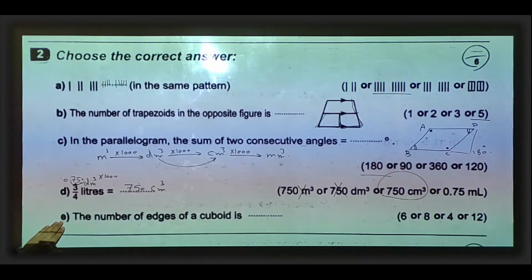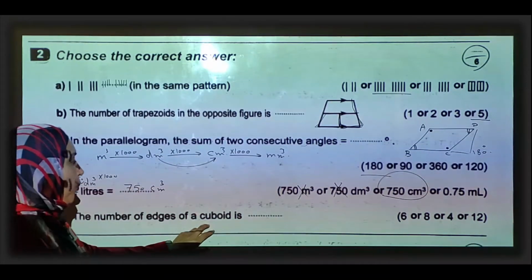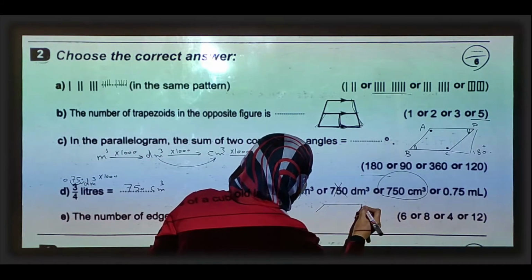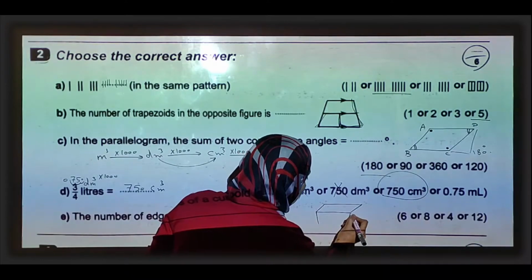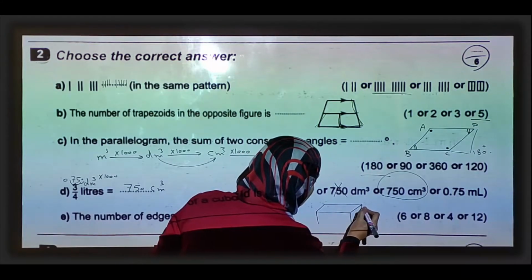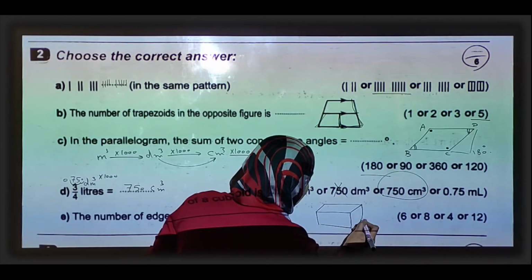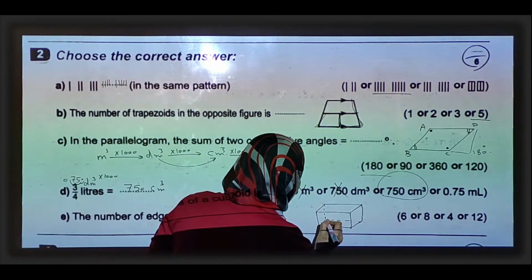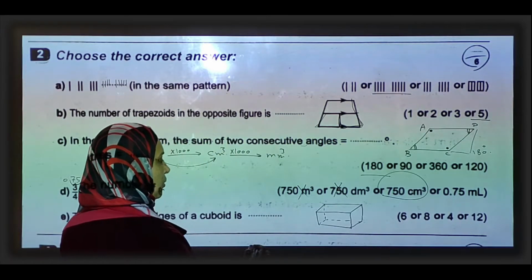Number E. The number of edges of a cuboid is what? This is the cuboid. How many edges?